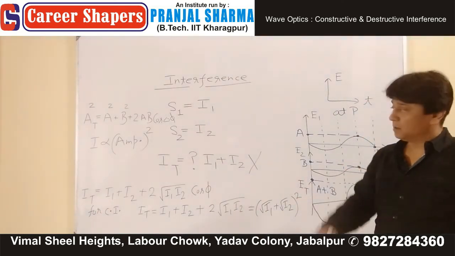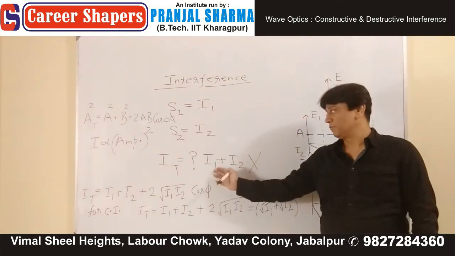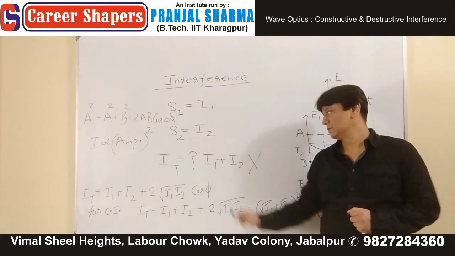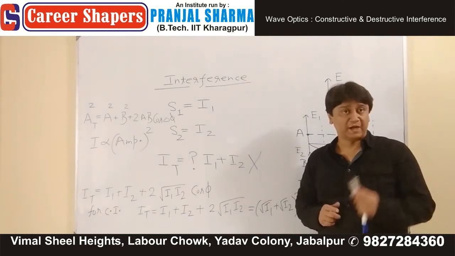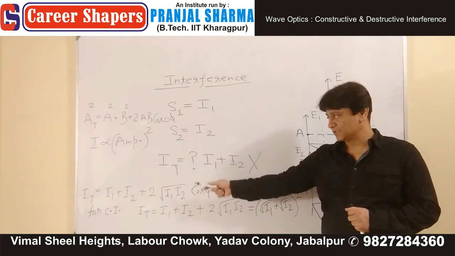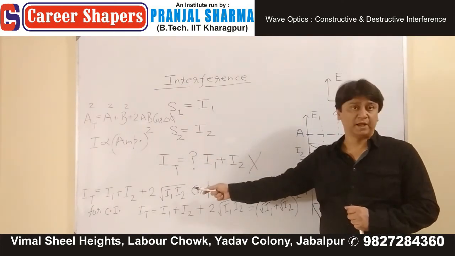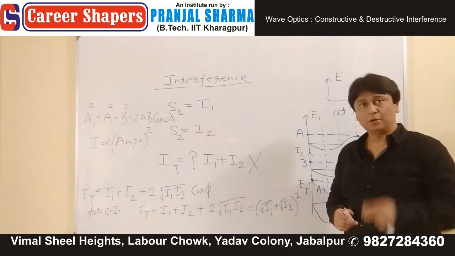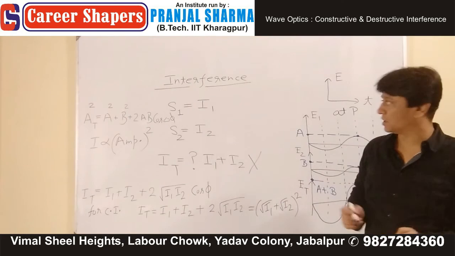So remember, for finding total intensity, you just do not add individual intensities, because we are using this formula which tells us that intensities should be arranged in this form.